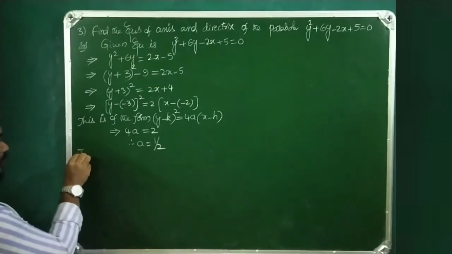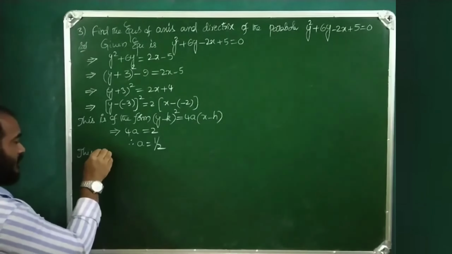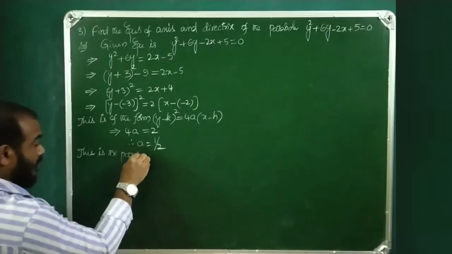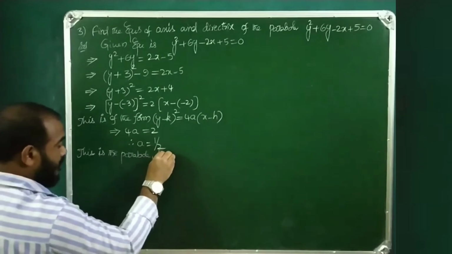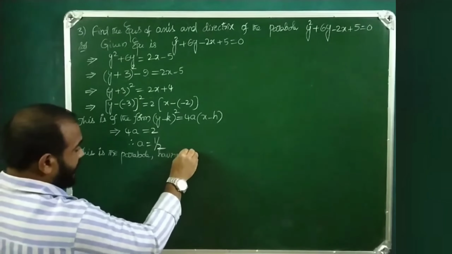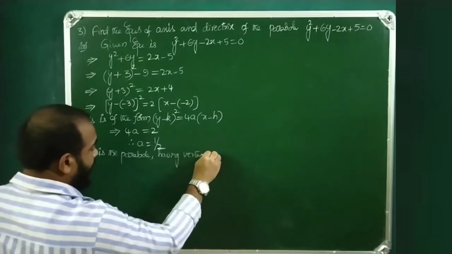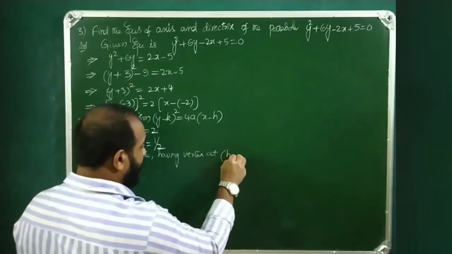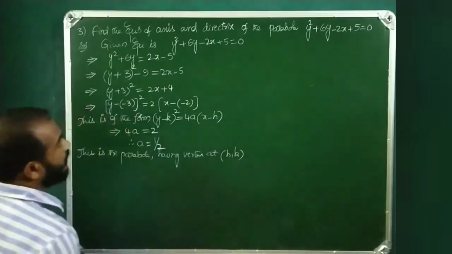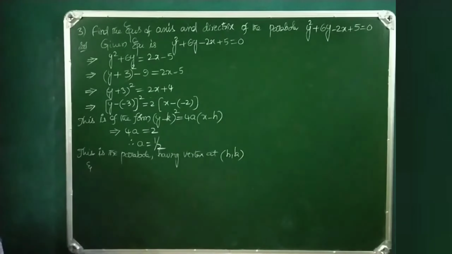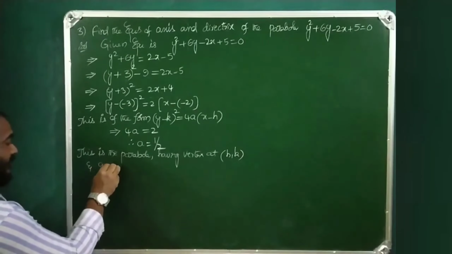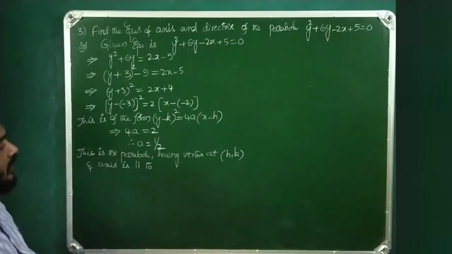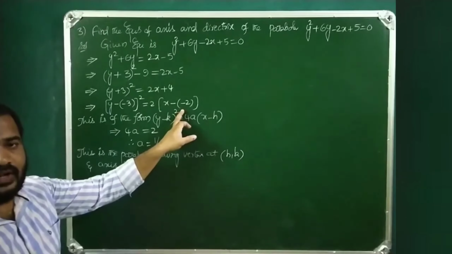So this is the parabola having vertex at h comma k and axis is parallel to, see here, y power even, symmetric about x axis.